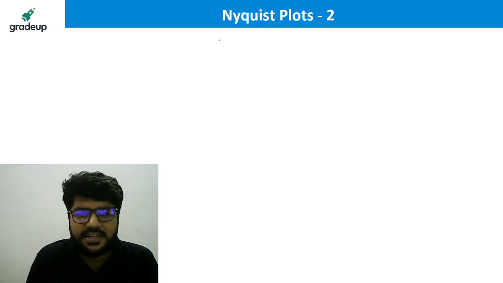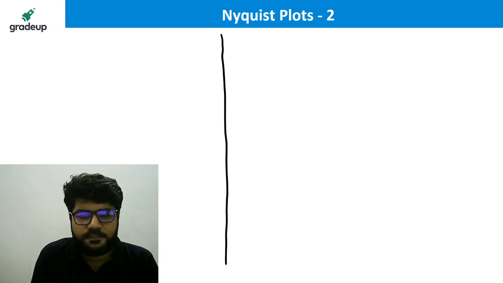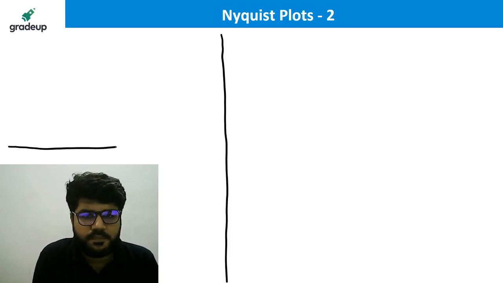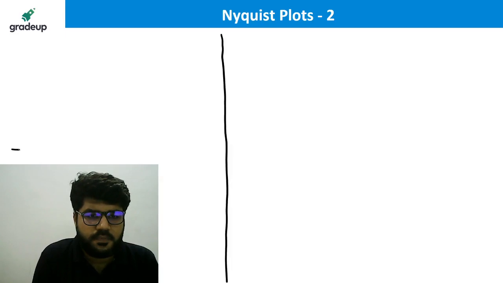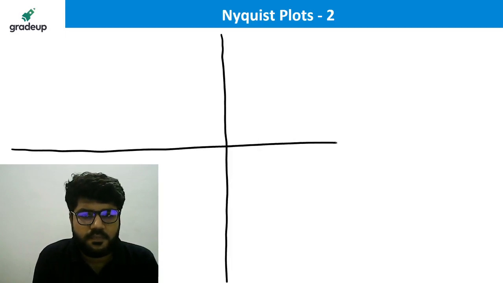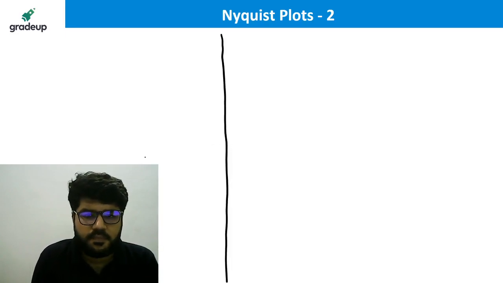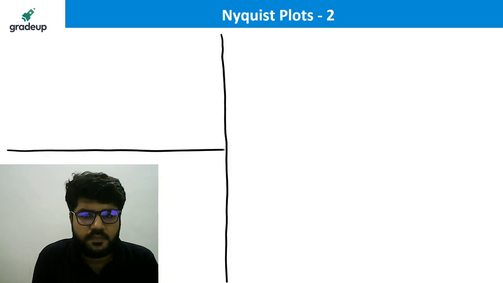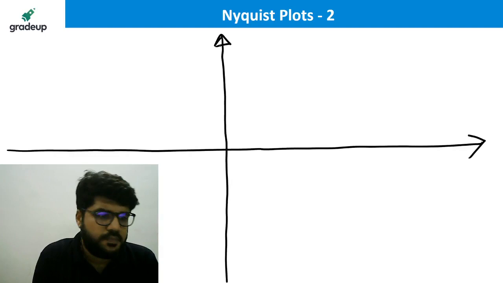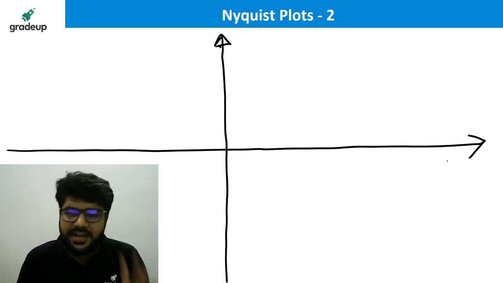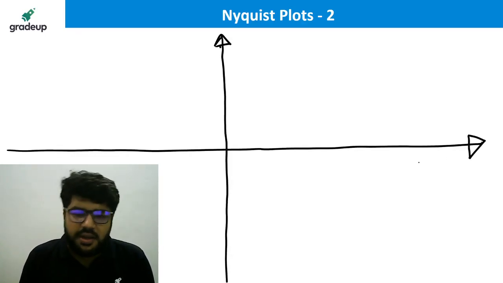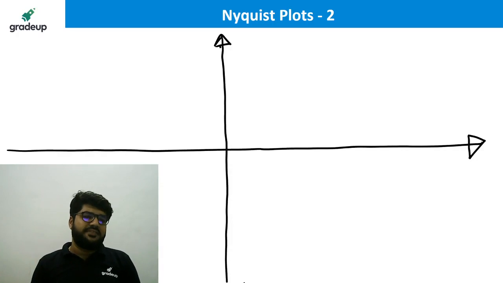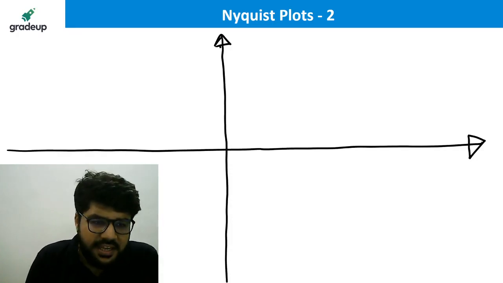Then we'll complete the sketch. Yes, guys, correct. The second step was to take the polar plot for the negative values of omega, and for that, I said you have to take the mirror image.